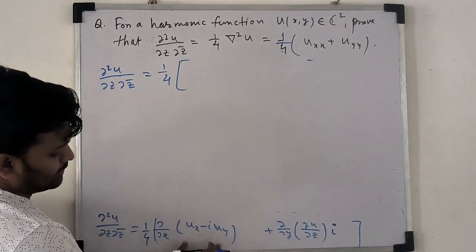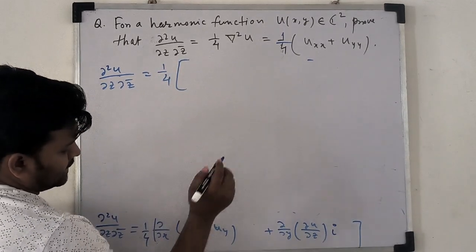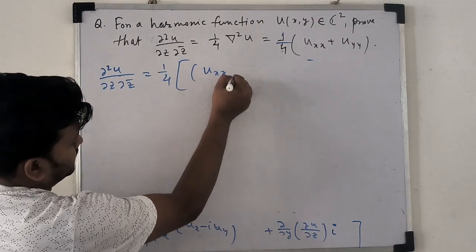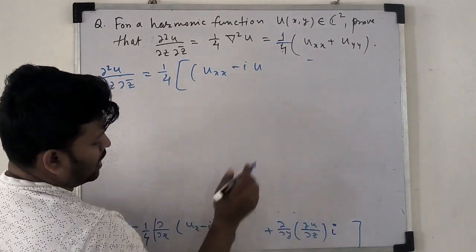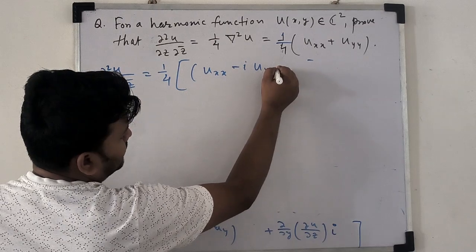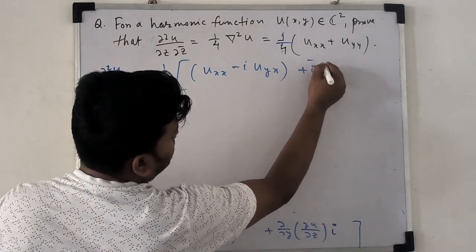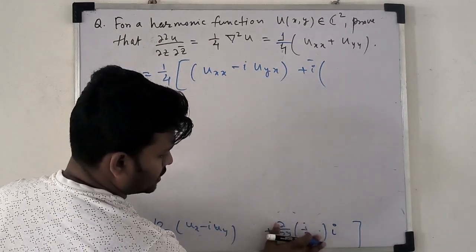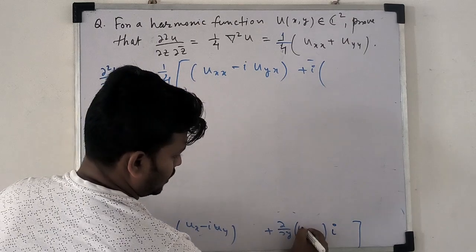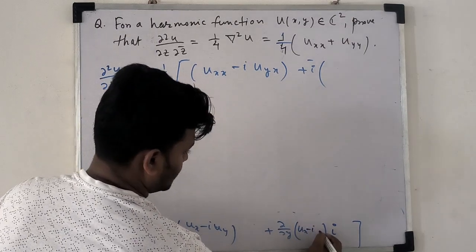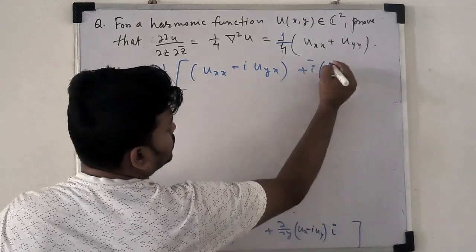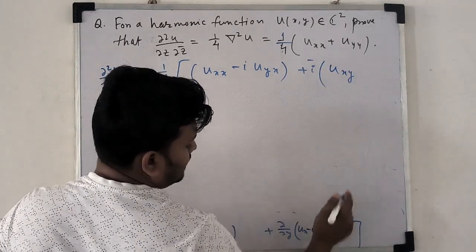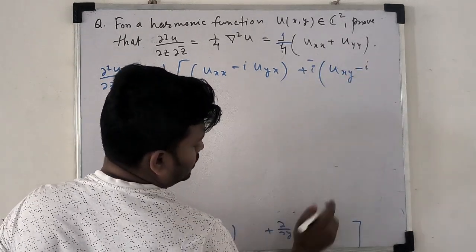If we differentiate with respect to x, this will be uxx − i uyx, and plus i times the derivative of (ux − i uy) with respect to y, so this will be uxy − i uyy.